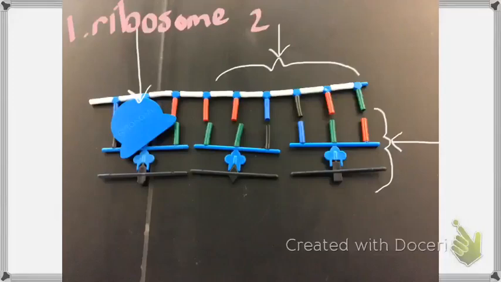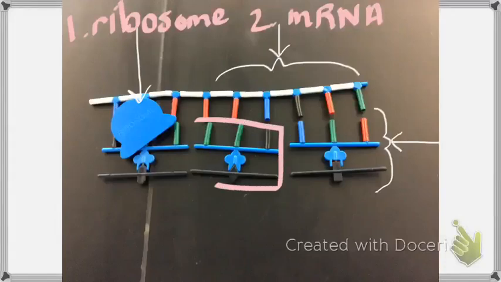I'll call that number 2. What is it? mRNA. That's mRNA. Okay, and then down here on the bottom, I have 3 of these. Here, I want to circle one. I have 3 of these. I bracketed it here. That's tRNA.